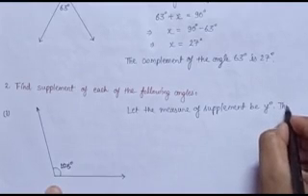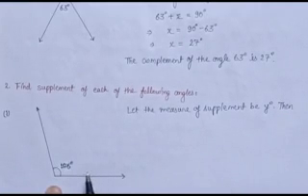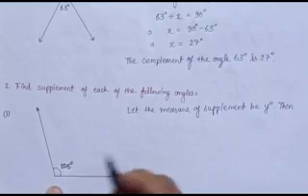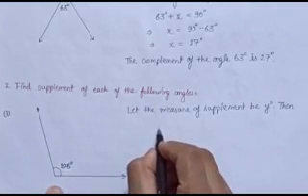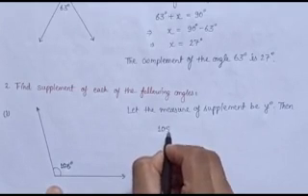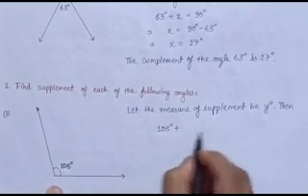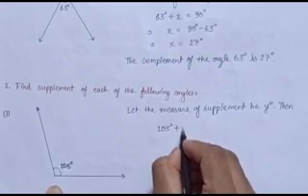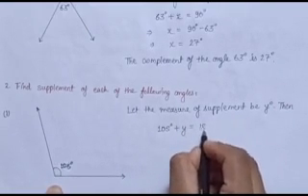Then what can we write? You know, the sum of an angle and its supplement is equal to 180 degrees. And for this angle, we can write 105 degrees plus its supplement, that is y, equals 180 degrees.